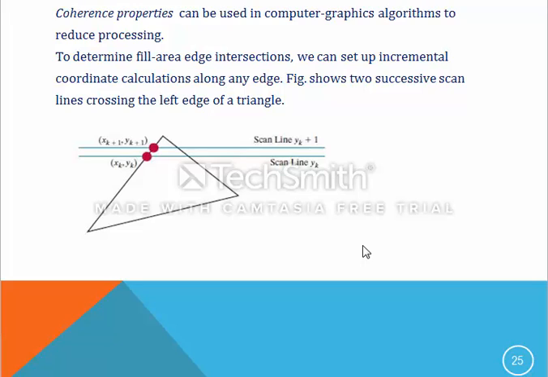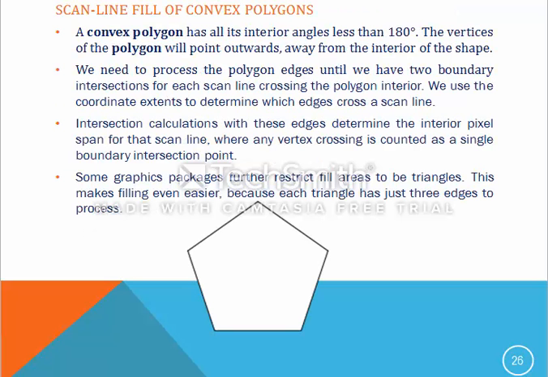Thus, the incremental calculations of x-intercepts along an edge for successive scanlines can be expressed as xk+1 = xk + the inverse of the slope, that is delta x by delta y.